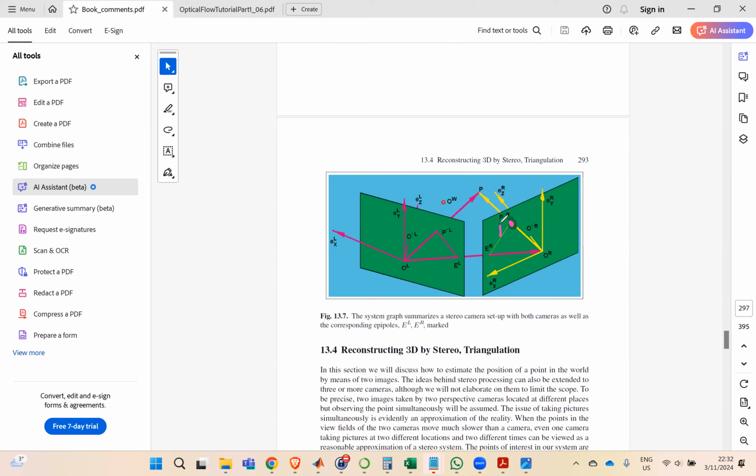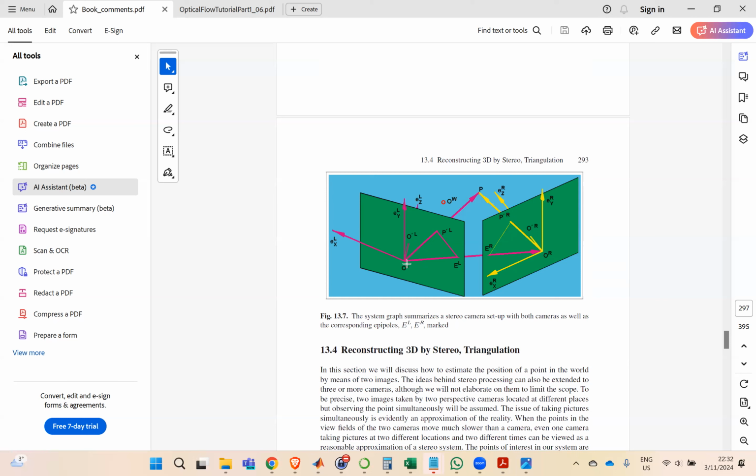Let's say my P1, and I will make another point P2 and another point P3. We'll try to find the epipolar lines for these, and all these lines go through the epipole. This is for P1, P2, and P3. That's one center point. How do we find this center point?